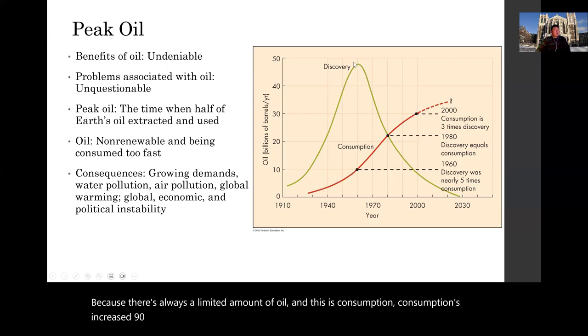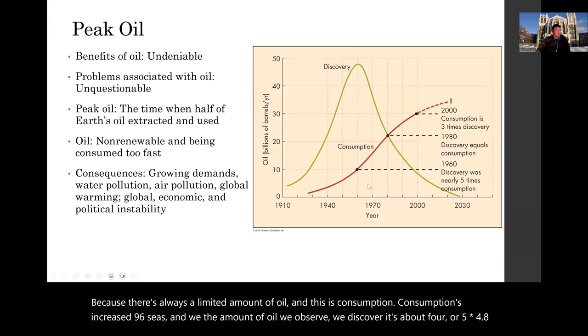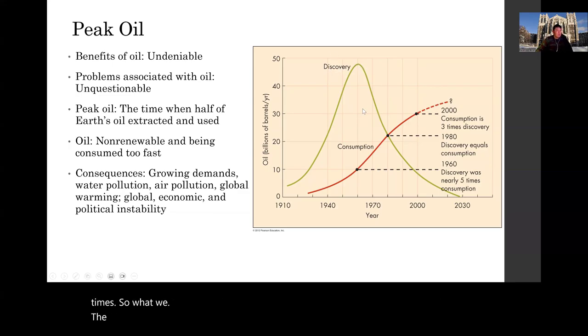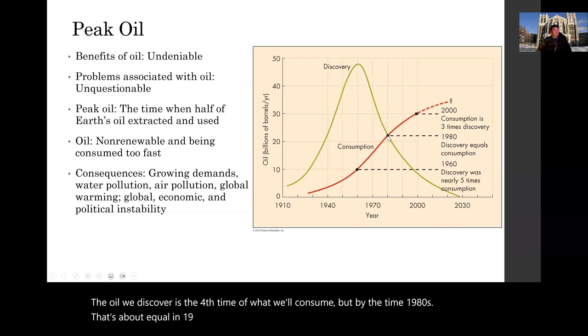In the 1960s, the amount of oil we discovered is about 4 to 8 times what we consume. But by the 1980s, it's about equal, an equal amount discovered and consumed.